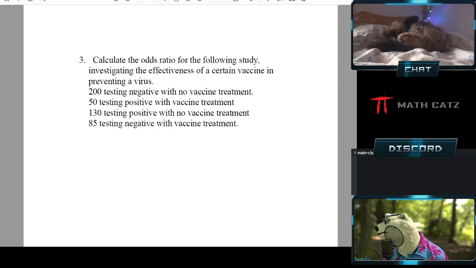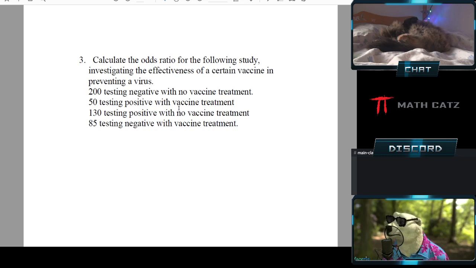200 tested negative when they didn't have any vaccine treatment. 50, and now I'm not incorporating the correctness of the test. Multiple tests have been done. They are negative. They don't have the virus, and they didn't receive any vaccine treatment. That, of course, can happen. 50 tested positive, meaning they have the virus, even though they did get the treatment.